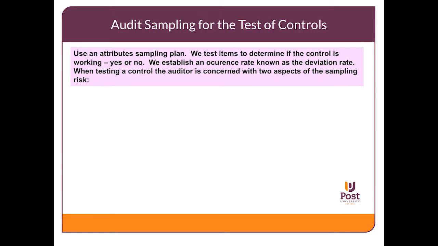Using an attribute sampling plan, we test items to determine if a control is working. It's a yes or no. We establish an occurrence rate known as the deviation rate. When testing a control, the auditor is concerned with 2 aspects of sampling risk.